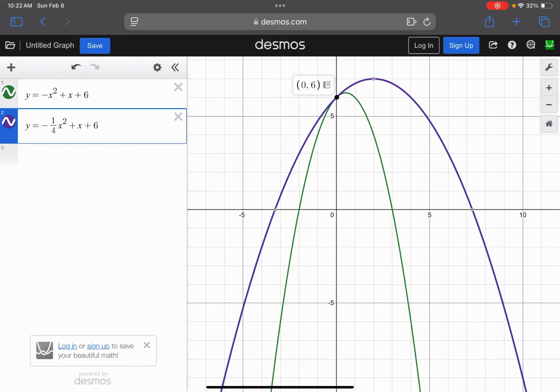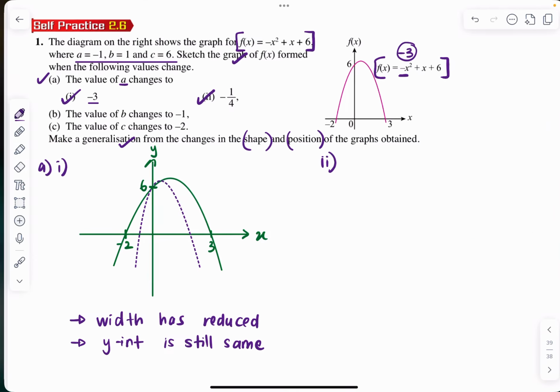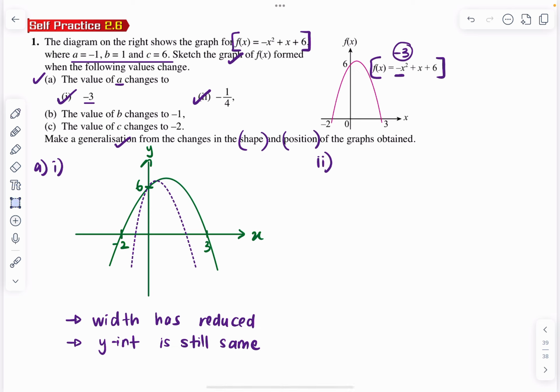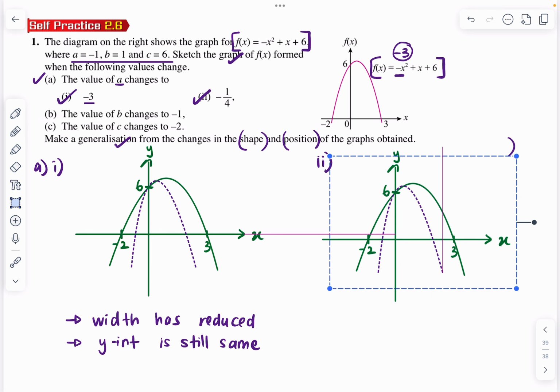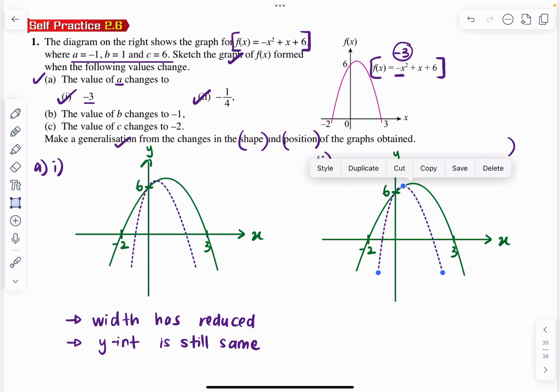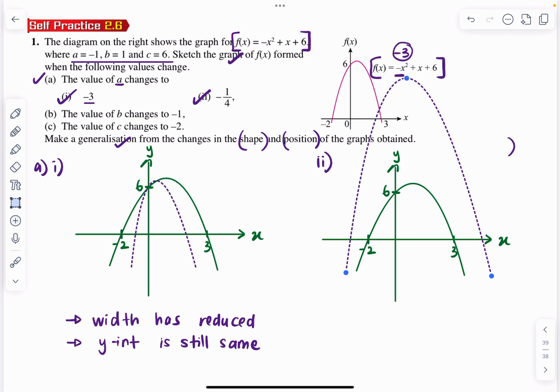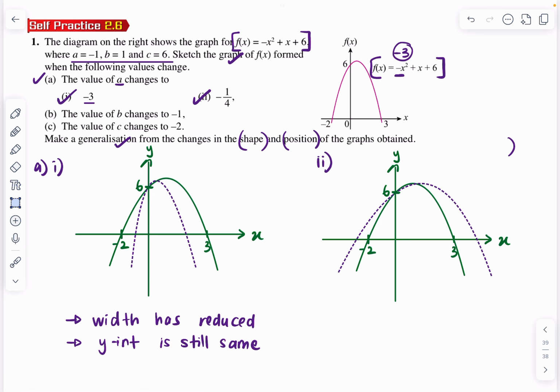So the width has increased, y-intercept still stays the same. Okay, we just copy this. Then this one, we make it wider. There, like this. The y-intercept will still remain at 6.